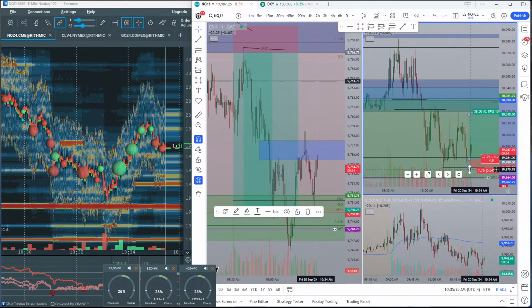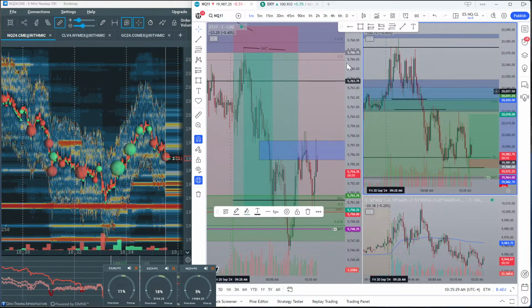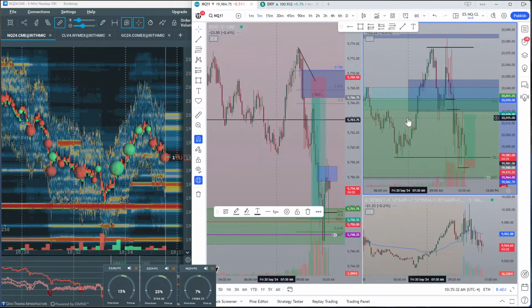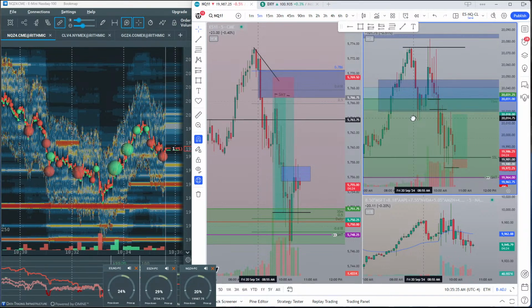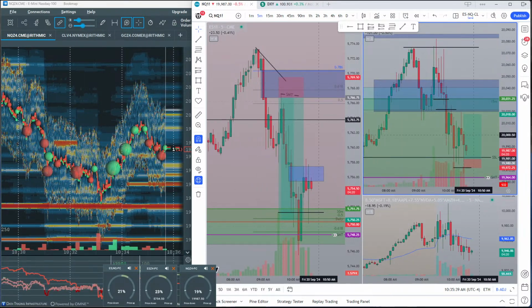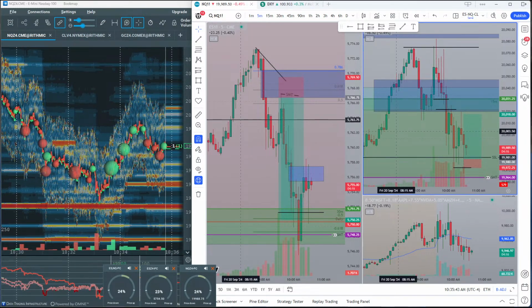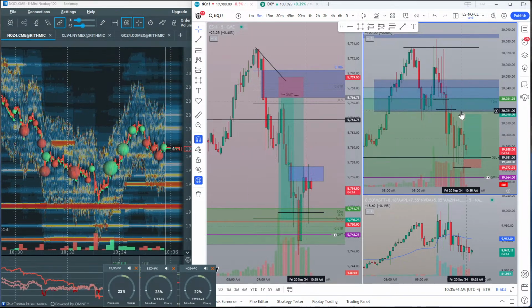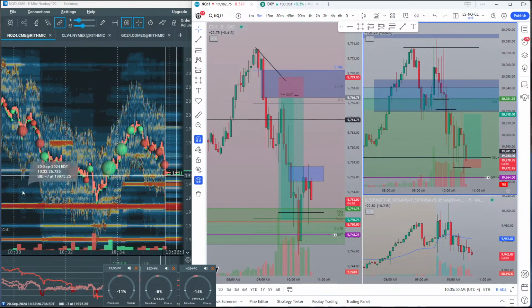We took out these lows again. But it's just that momentum, man. Those bears are not giving up just yet. I'm looking for a push to the top of the range. But we're just getting weak again.